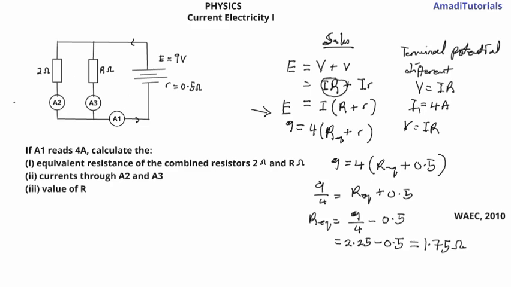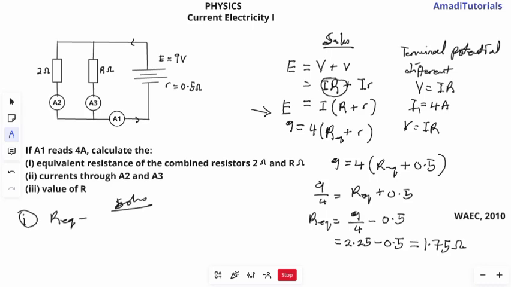So we have answered our first question. Our question I, we will have that R equivalent equals 1.75 ohms. So the next question is the current through A2 and A3.